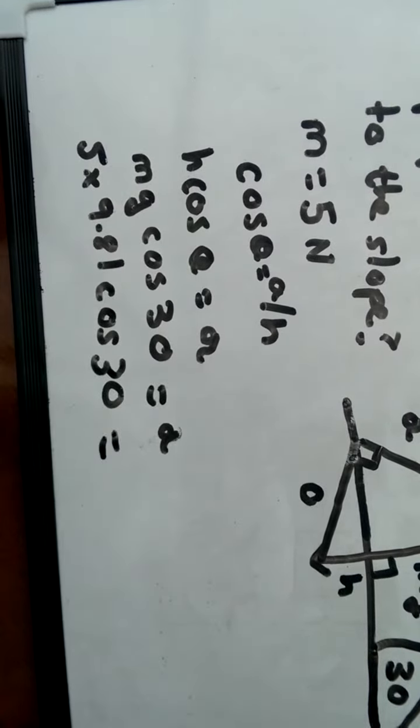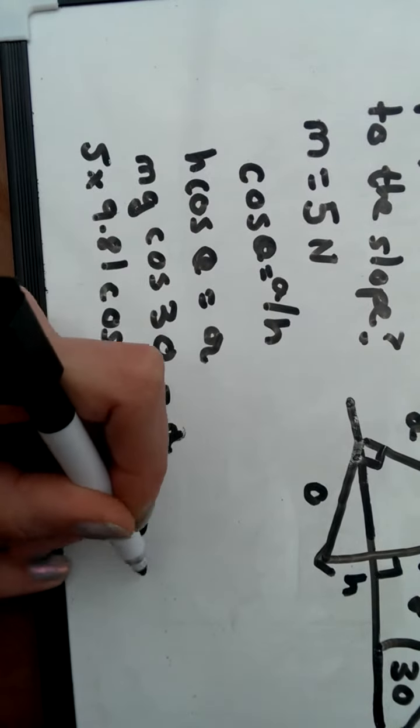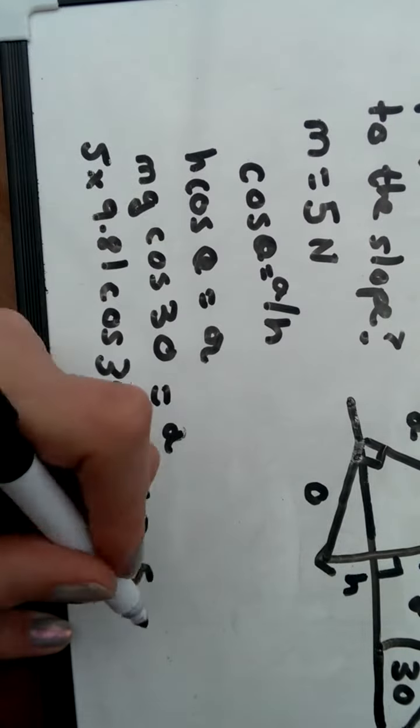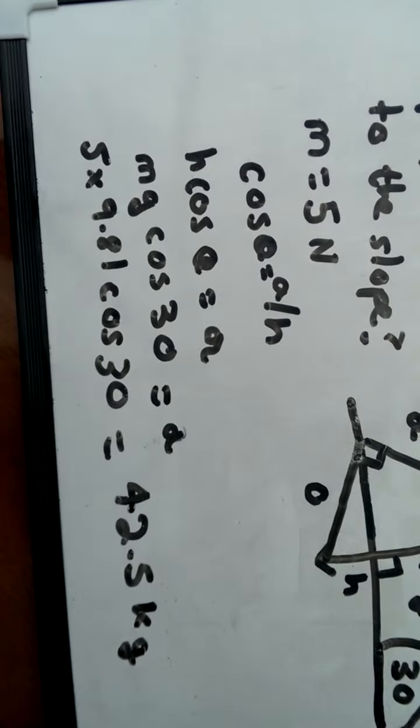If you pop that in a calculator, you'll find that equals 42.5, and as this is a weight, that is kilograms. So that is our weight component acting perpendicular to the slope.